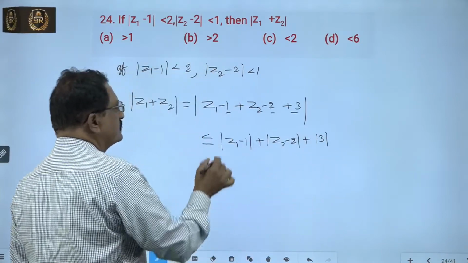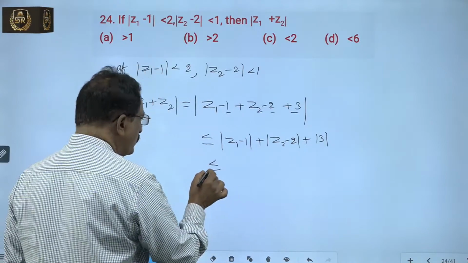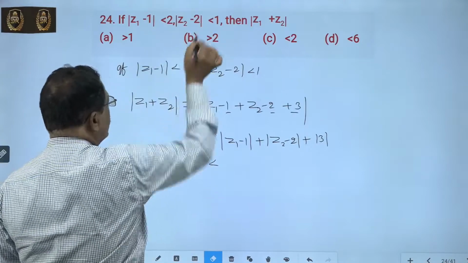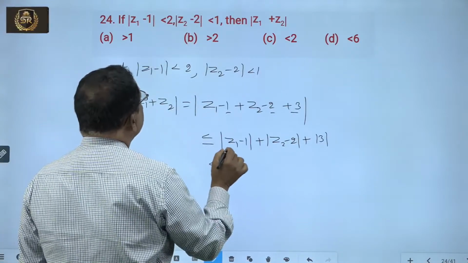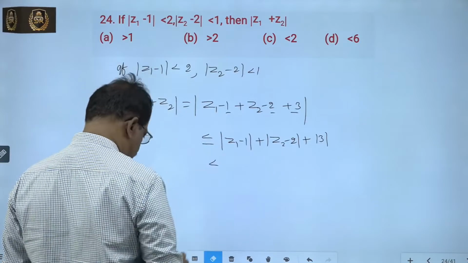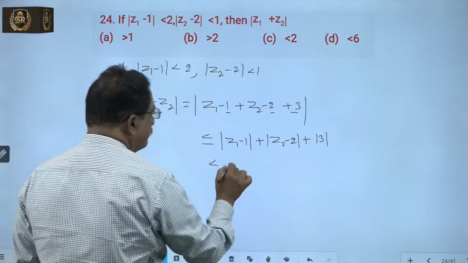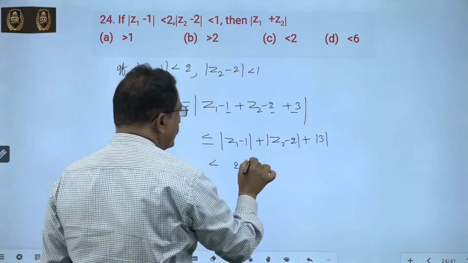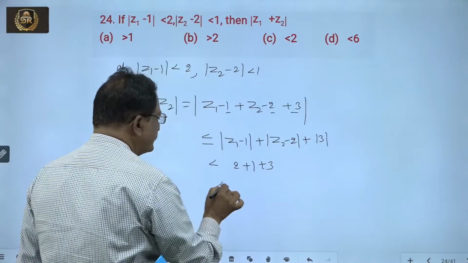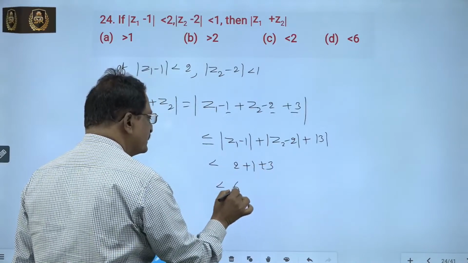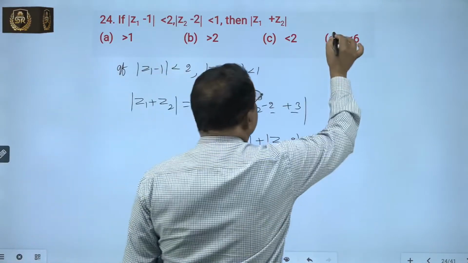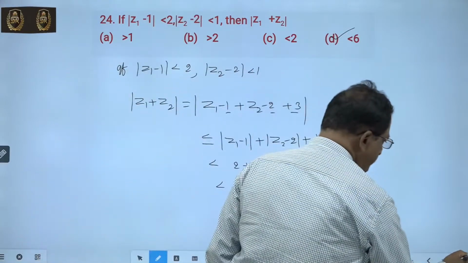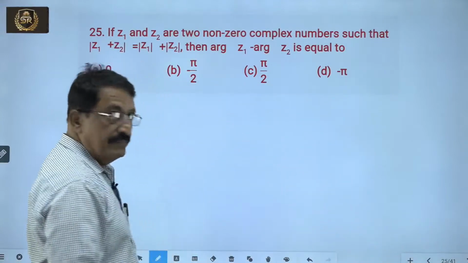It is only less than, because the given values are strictly less: mod of z1 minus 1 is less than 2, plus mod of z2 minus 2 is less than 1, plus 3. So it is less than 2 plus 1 plus 3, which is 6. So option D is correct. Next problem.